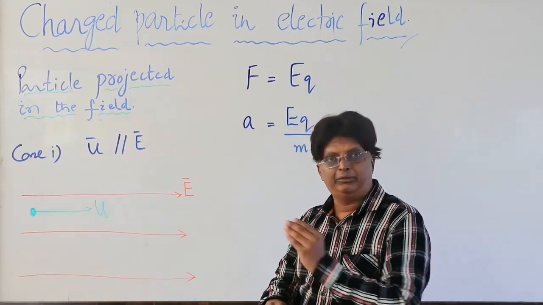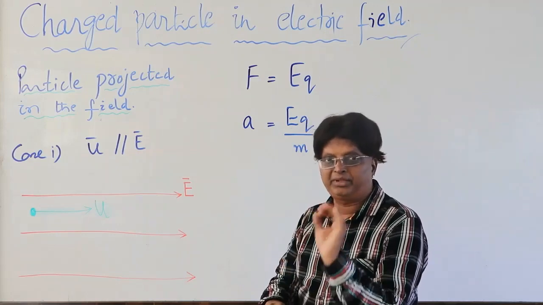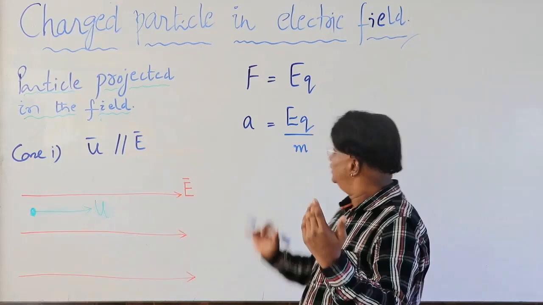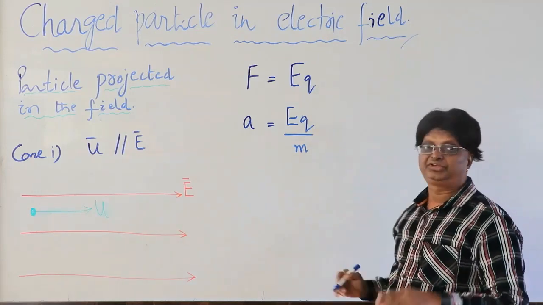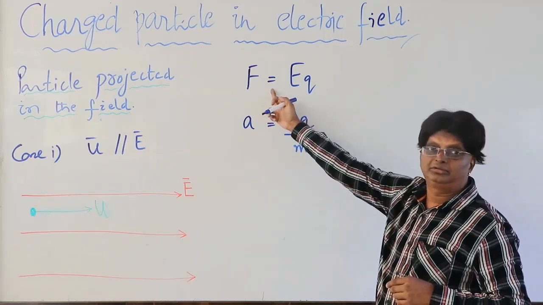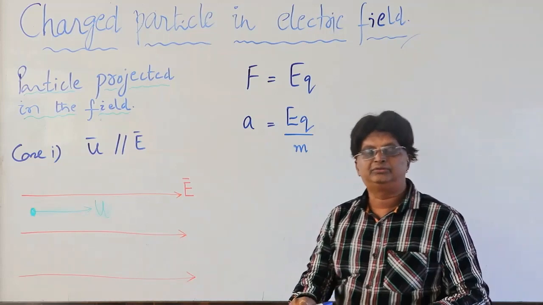That is why I will show all of them in the scalar form. But the best thing is to do it in the vector form, right? Now, force and acceleration, we know the direction. For a positive charge, it is along the field, and for a negative charge, opposite to the field.